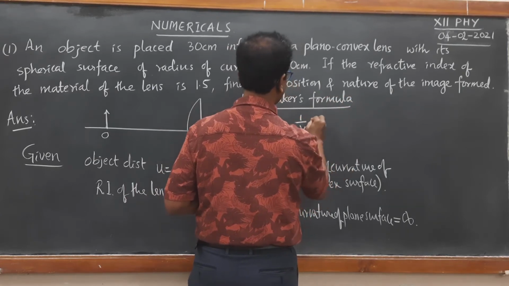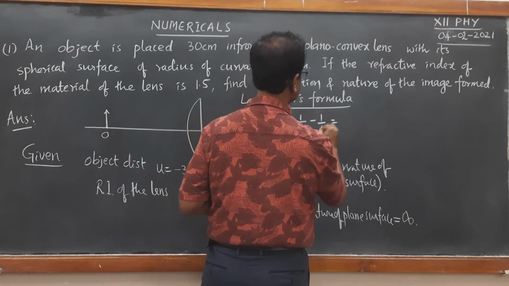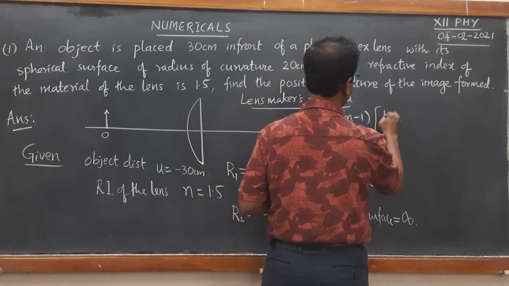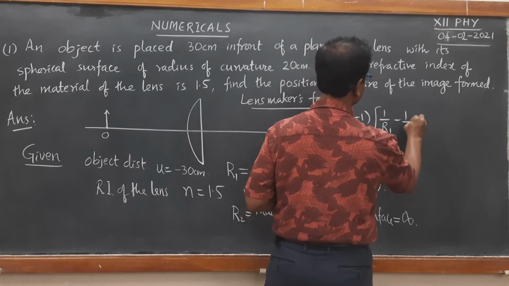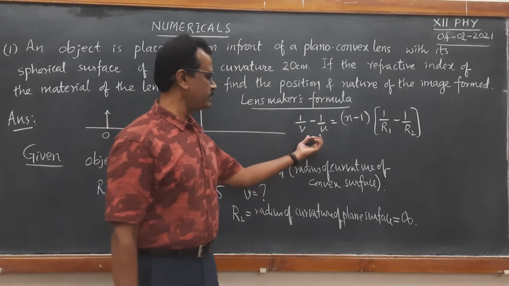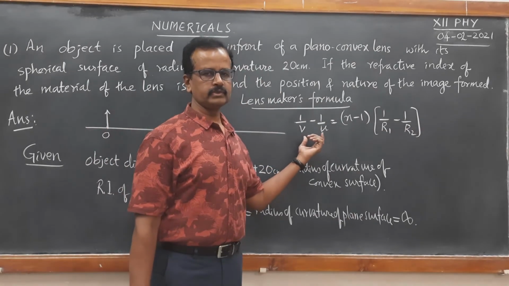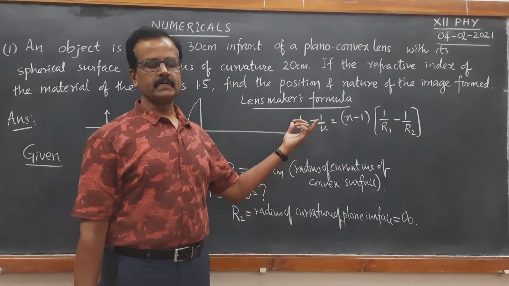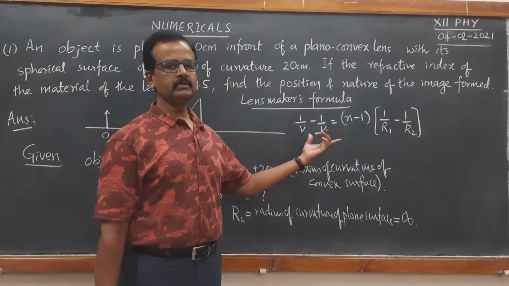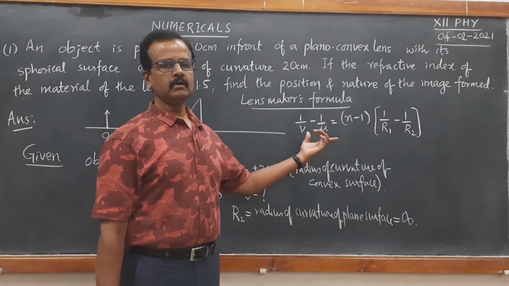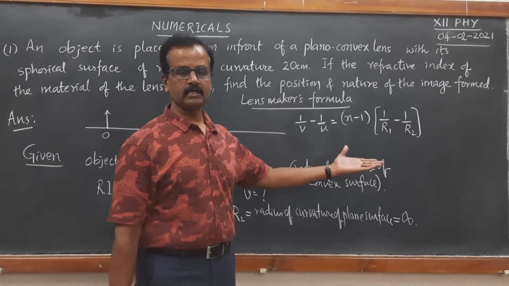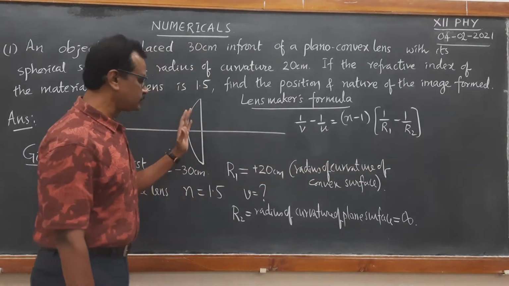1/v − 1/u = (n − 1)(1/R1 − 1/R2). The left hand side, 1/v − 1/u, also gives you the focal length of the lens, which is made up of two surfaces.